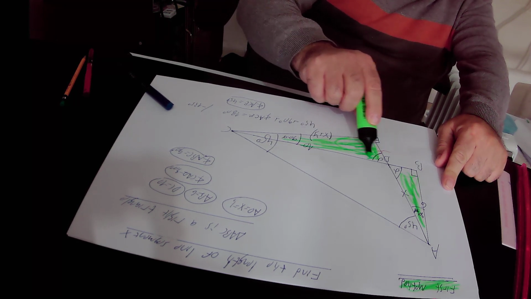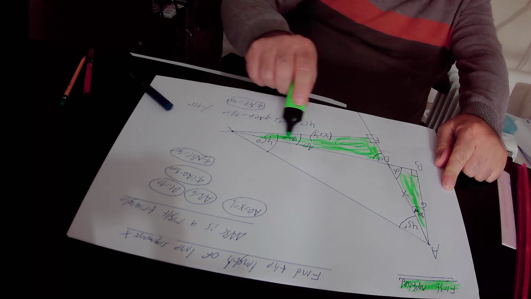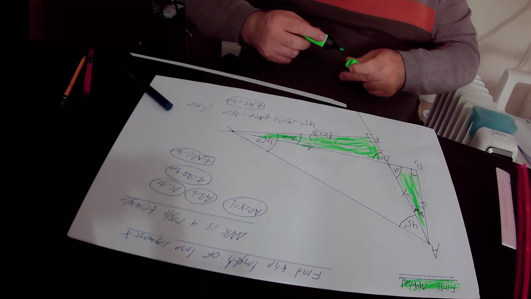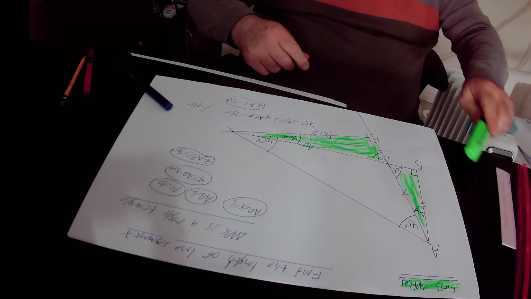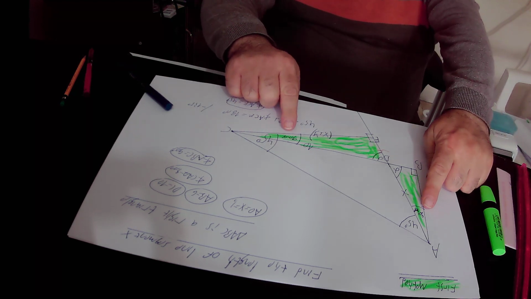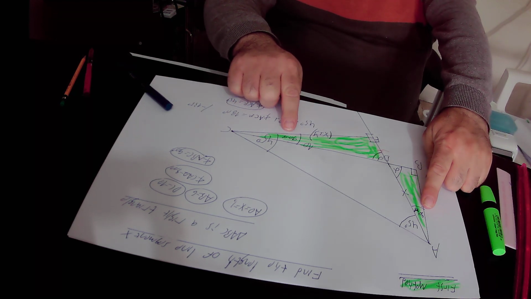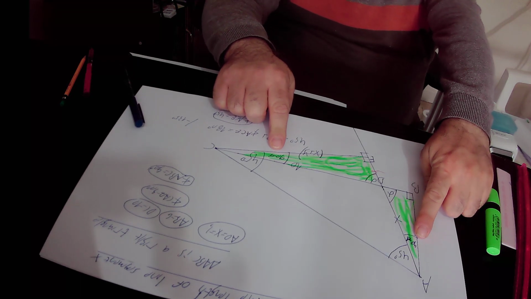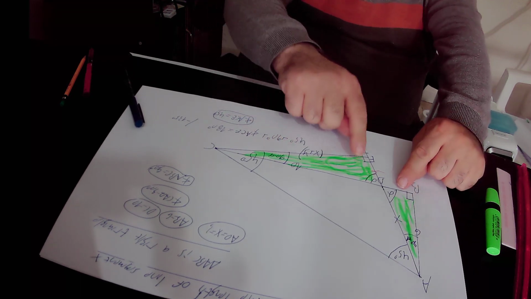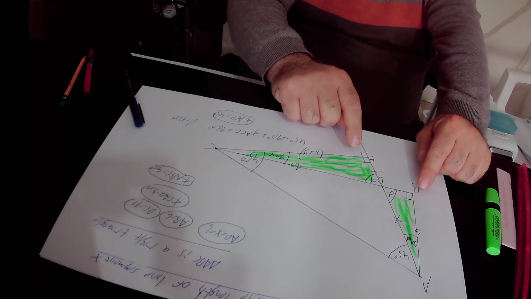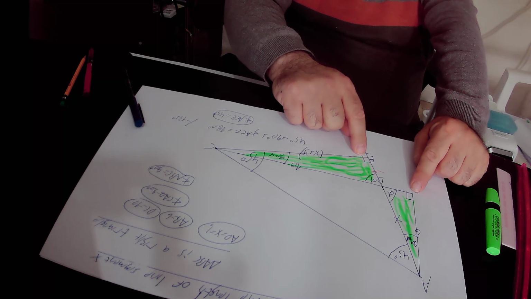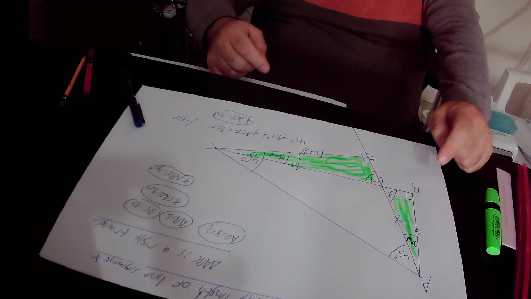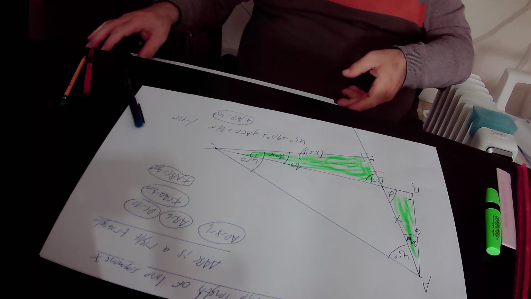Why? Because they have equal angles. Those two angles are both equal to 90 degrees minus alpha, those two angles are both equal to alpha, and those two angles are both equal to 90 degrees, they are right angles. So I'll write it down.